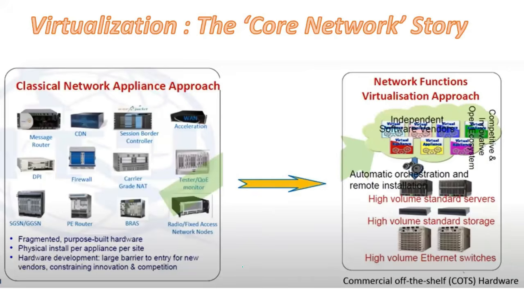So you can see here, you have various equipment like CDN, accelerator, BRS, and I do not even know what some of these instruments are. So each vendor has its own proprietary hardware and software. There are many boxes in our network, so they consume lots of power and space, and these are difficult to upgrade and replace.